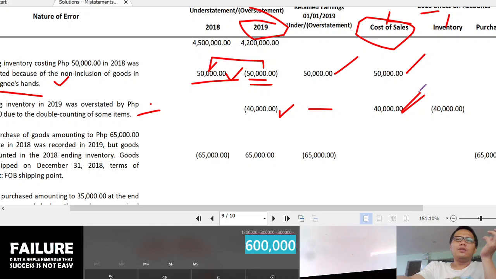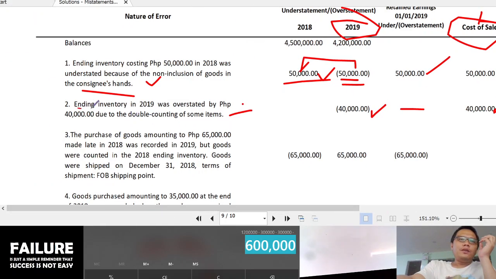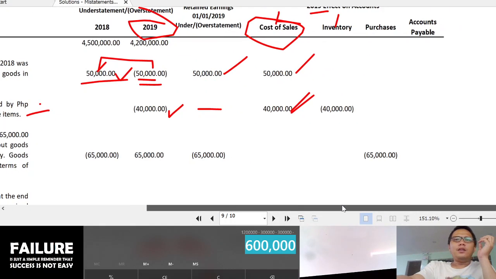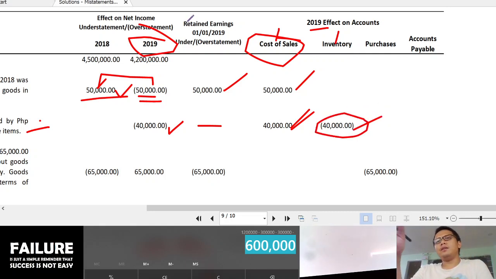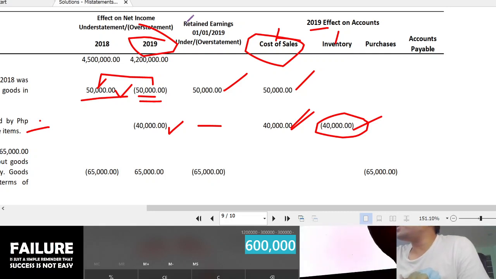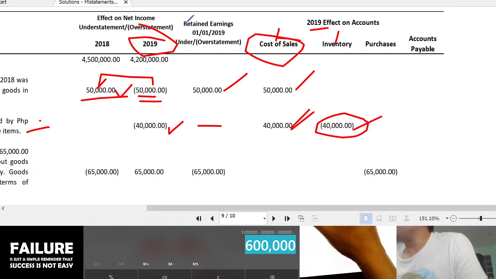At the same time, because ending inventory yung affected natin, affected din yung inventory to be presented sa balance sheet, which is overstated by 40,000.